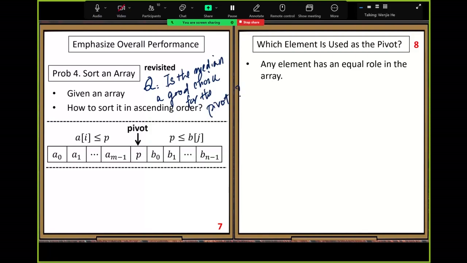Think about this question. Is the median element a good choice for the pivot here? Do you want to select the median and use it as the pivot to separate the two subarrays? That's the question. All right?